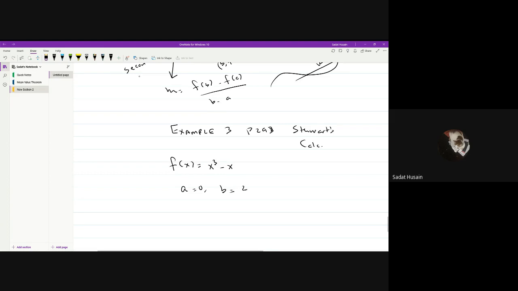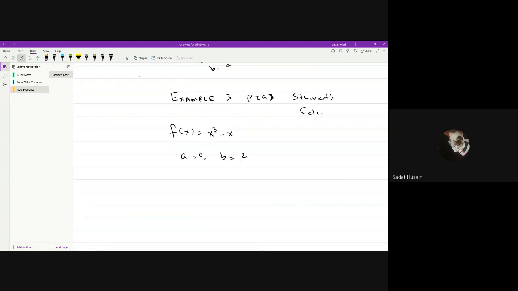Then what is the value of f of b? We want the value of c. What is c equal to? f prime of c equals f of b minus f of a divided by b minus a.